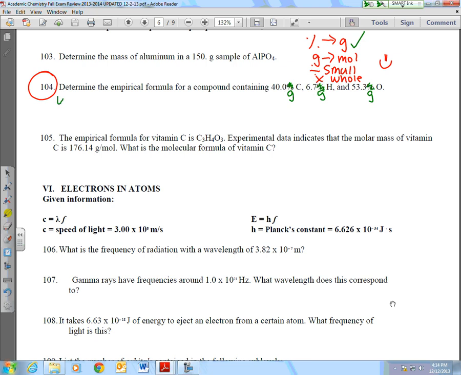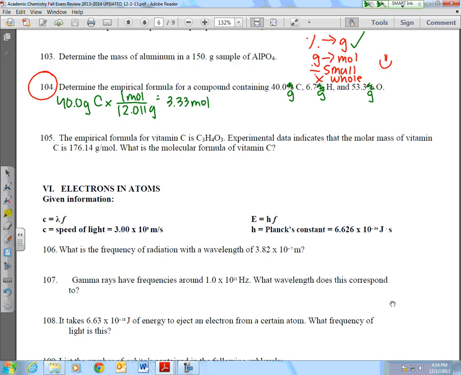So I'm starting off with 40 grams of carbon. To go to moles of carbon, I use the molar mass. You look at the periodic table, the molar mass of carbon is 12.011. That goes on the bottom, 1 mole goes on top. So 40 divided by 12.011 is 3.33.